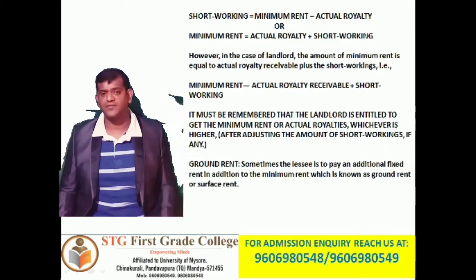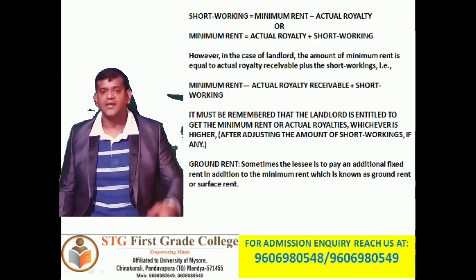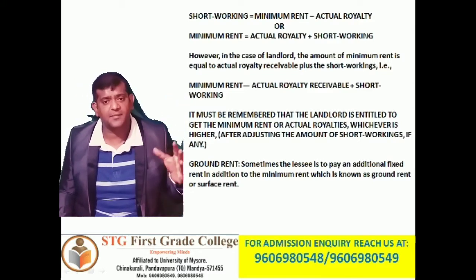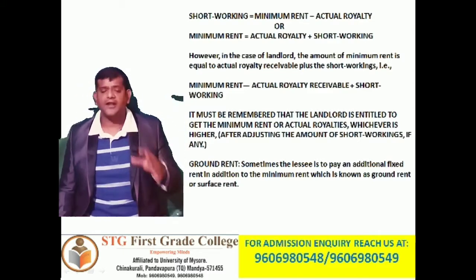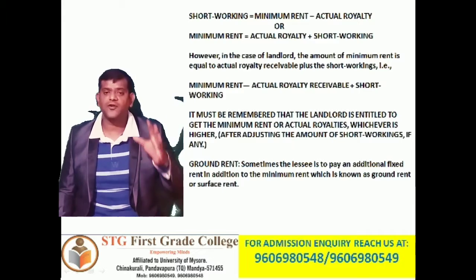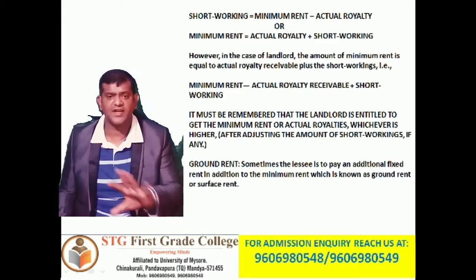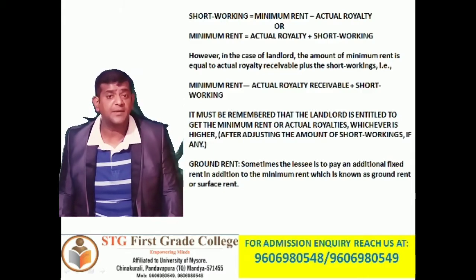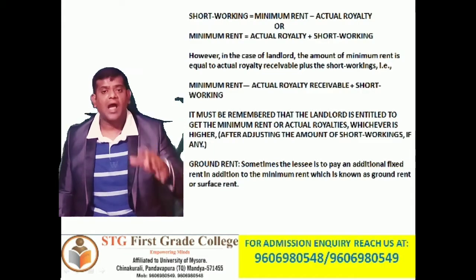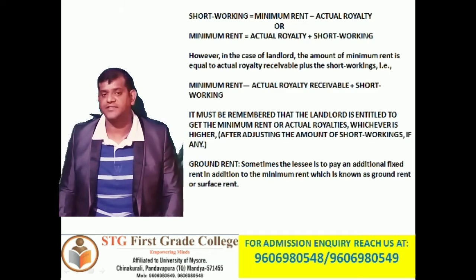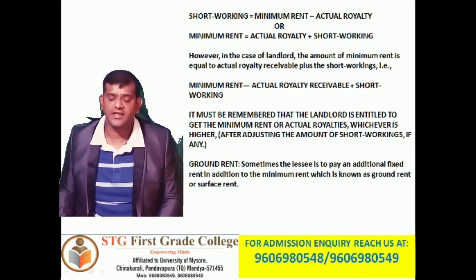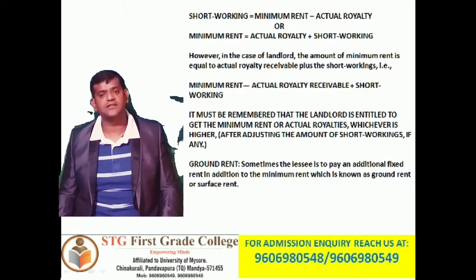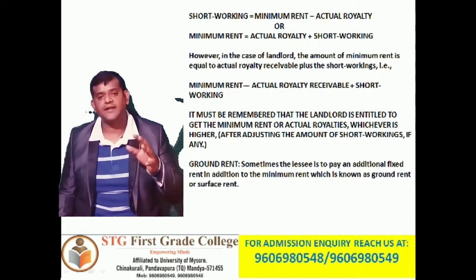We can say it both ways, it is not a big deal. However, in the case of the landlord, the minimum rent is equal to actual royalty receivable plus short workings.